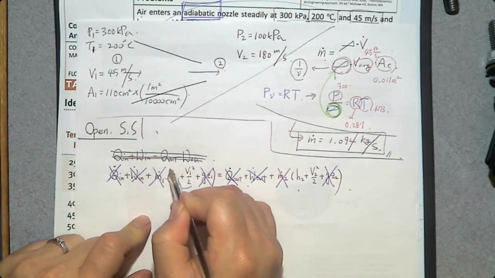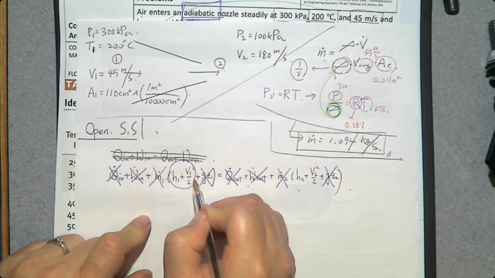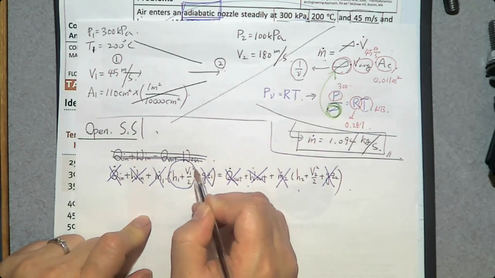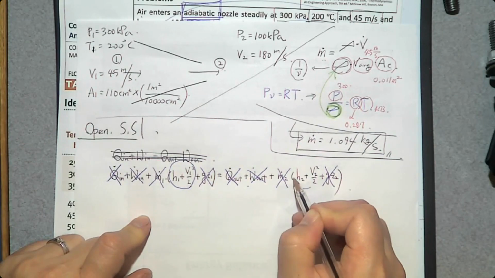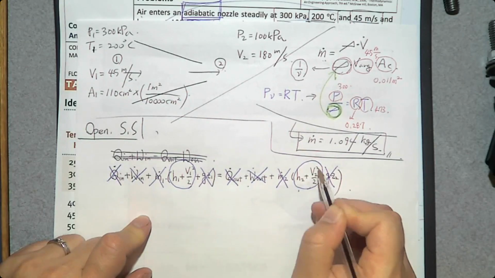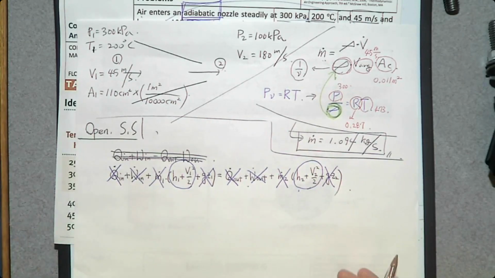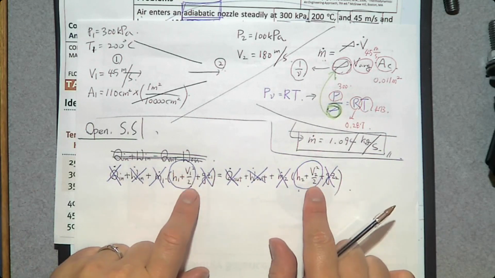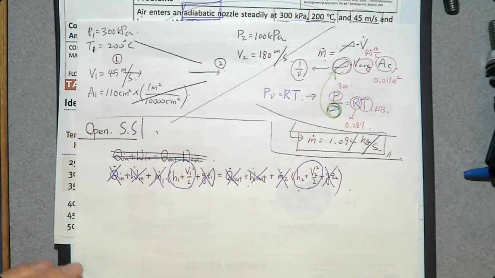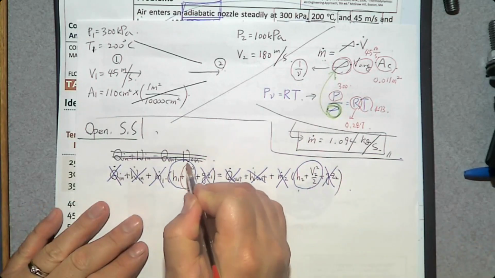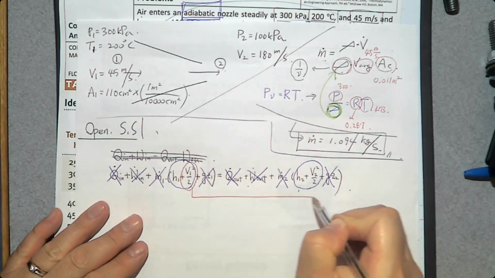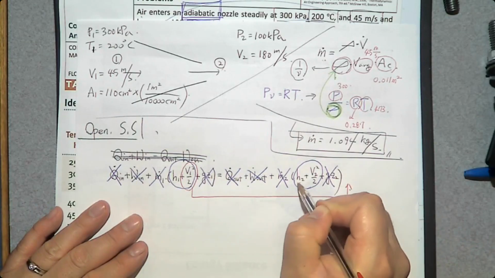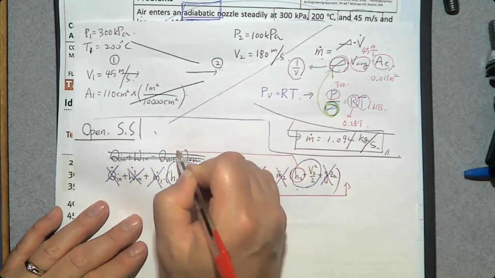So what we have is h1 plus velocity 1 squared over 2 equals h2 plus velocity 2 squared over 2. Since we have h on either side and the specific kinetic energy on either side, why don't we move the specific kinetic energy to the right-hand side and specific enthalpy to the left-hand side?